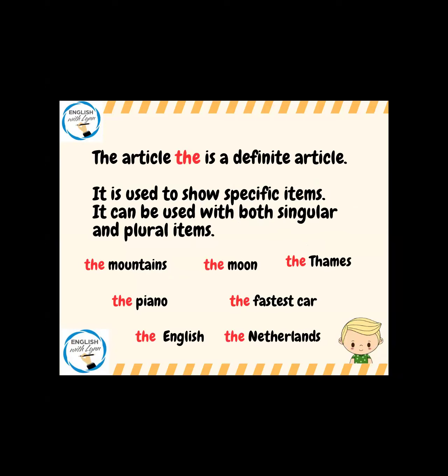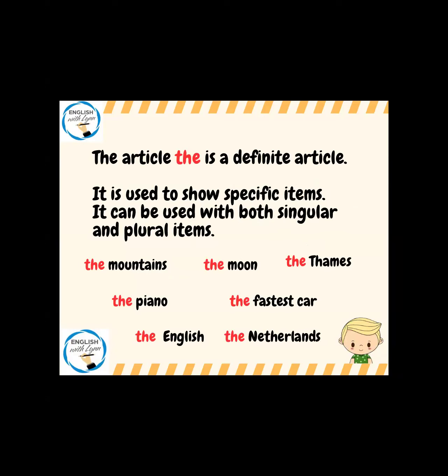The word the is used to show a specific item. So if you are looking at a shop and there are lots of cakes in the window and you say, I want the cake, you are talking about a specific cake within the shop's window.